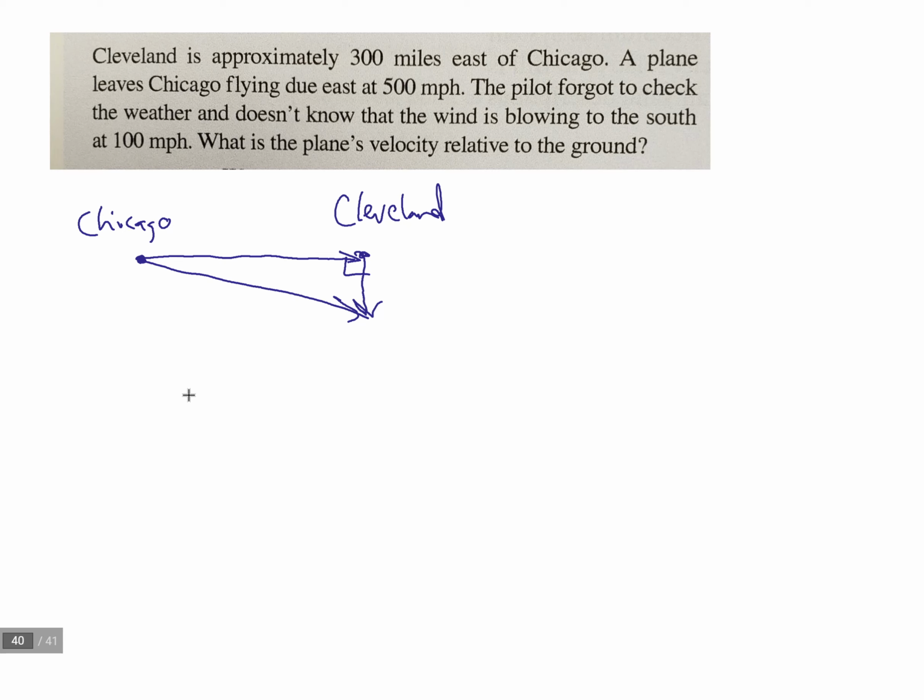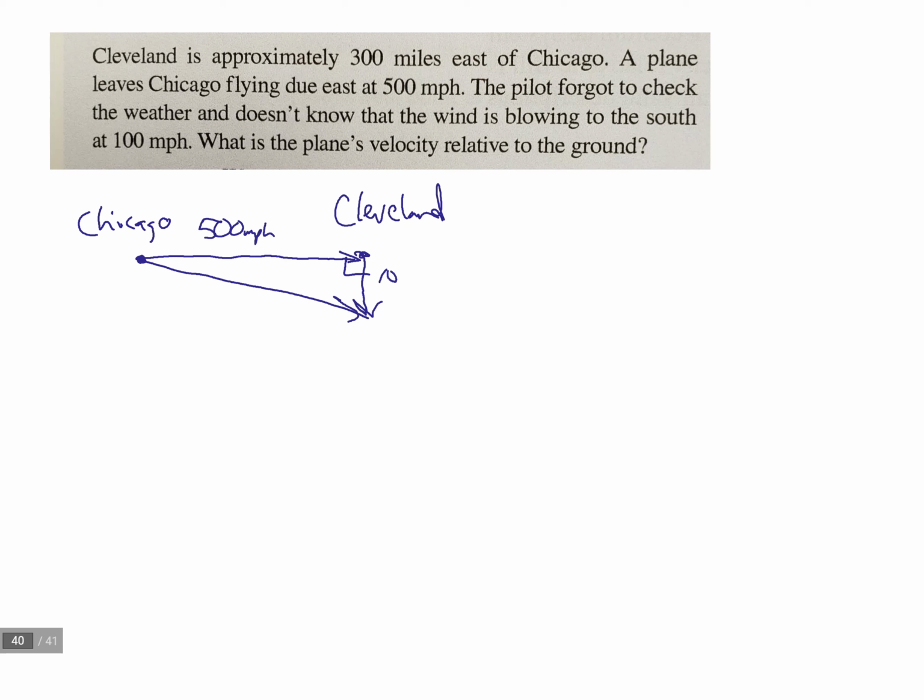What has happened is we've basically created component vectors. We have 500 miles per hour east, 100 miles per hour south. So we have created component vectors here, and we just need to find the hypotenuse and the angle that is created. So let's think about how we're going to do that. We know that this velocity, the intended path of the plane, is 500 miles per hour in that direction.